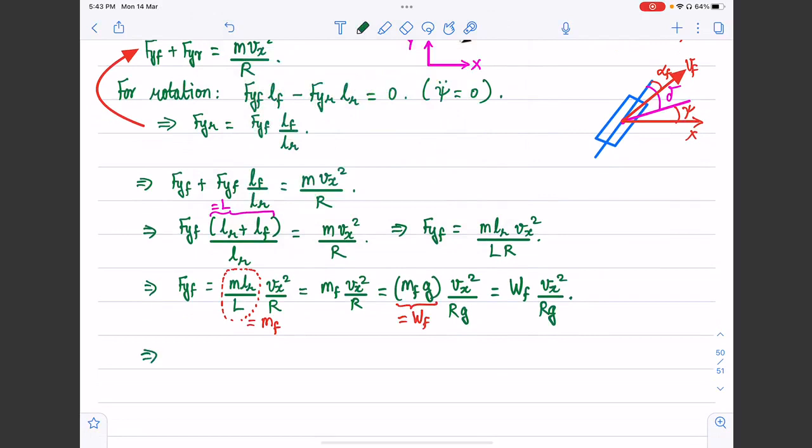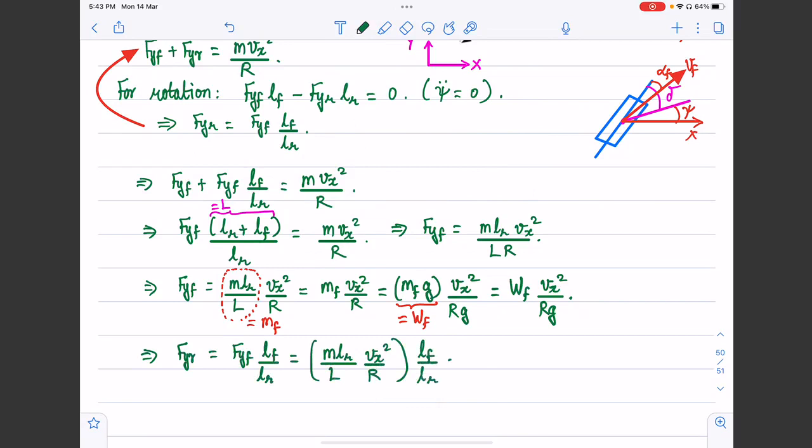So now we can similarly get an expression for Fyr. What will be Fyr? Fyr is now Fyf times Lf by Lr, and this we are going to get as m times Lr divided by L, Vx squared by R. Okay, this is Fyf times Lf by Lr.